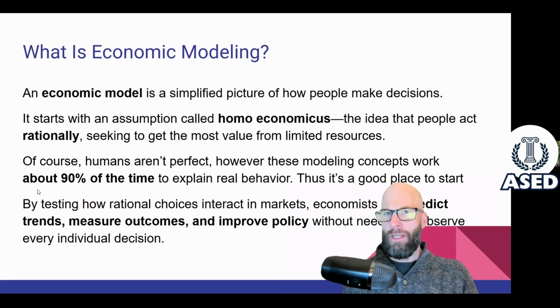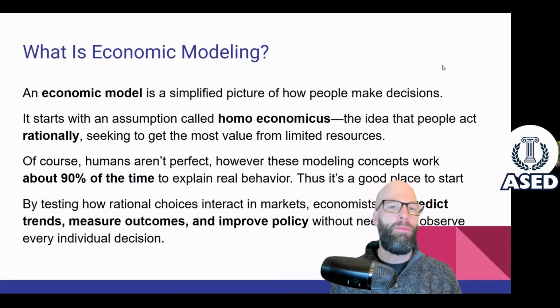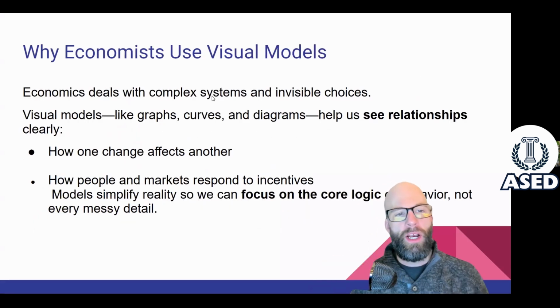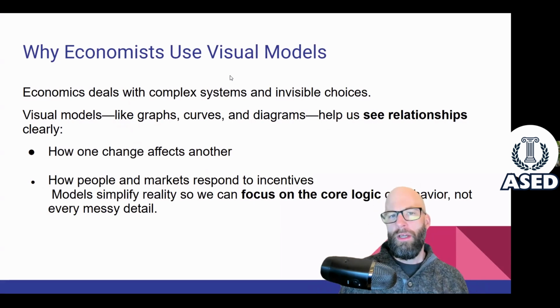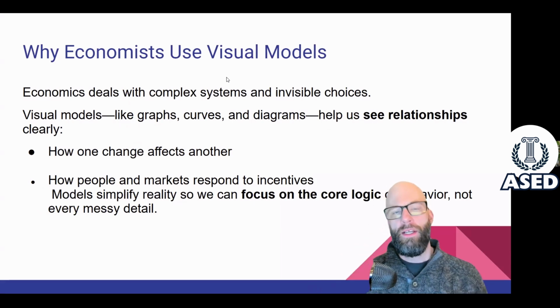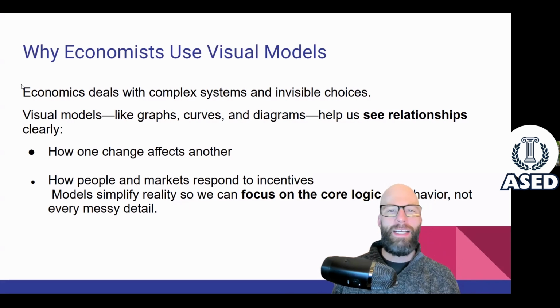Although with AI out there, it's getting pretty interesting how much data can be collected by computers at one point. So economists use visual models as an extension of economic assumptions and modeling to take a look at visual representations of data, so we can simplify a lot of the things that we talk about. Yes, this seems a little abstract. Don't worry. You're going to learn your first model here in just a little bit.